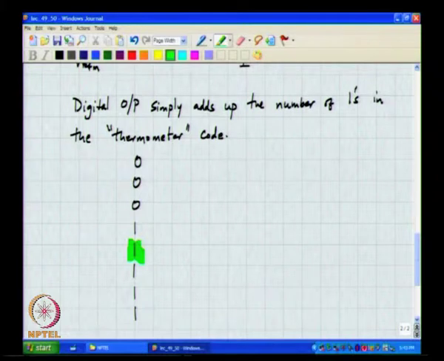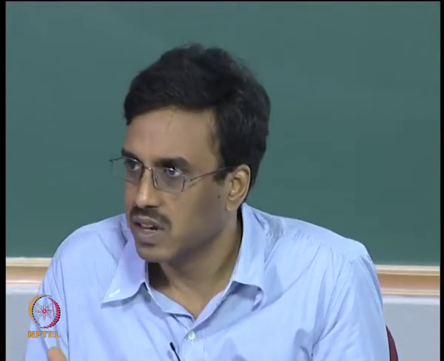Now, what if you simply add up the number of ones in the thermometer code, what will you get? If you just simply count the number of ones in the thermometer code, you will make only a very small, 1 LSB error, correct. So, this way addition of the number of ones in the thermometer code gives you something which is, within quotes, insensitive to bubbles without actually having any bubble correction logic.